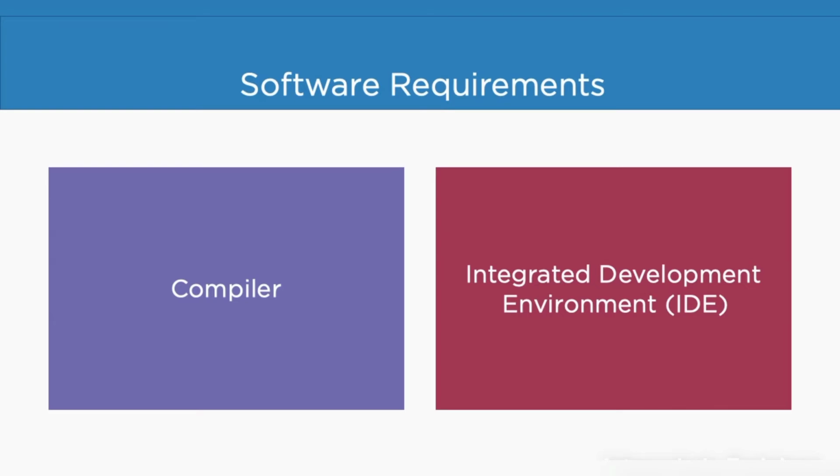Now, moving on, what is meant by Integrated Development Environment, which is abbreviated as IDE? Well, an IDE is basically a software in which we write our programs. Not only this, using an IDE, you can find errors in your code very easily.